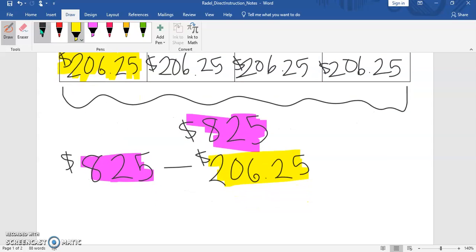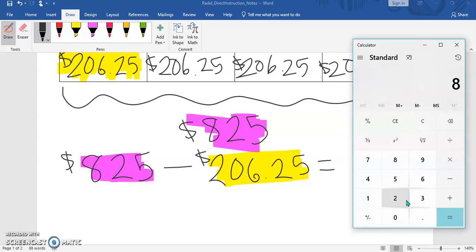And now again, to find the sales price, I'm just going to put it in my calculator. 825 minus $206.25. And now I know that the sales price that Mark paid for his electronic tablet is $618.75.